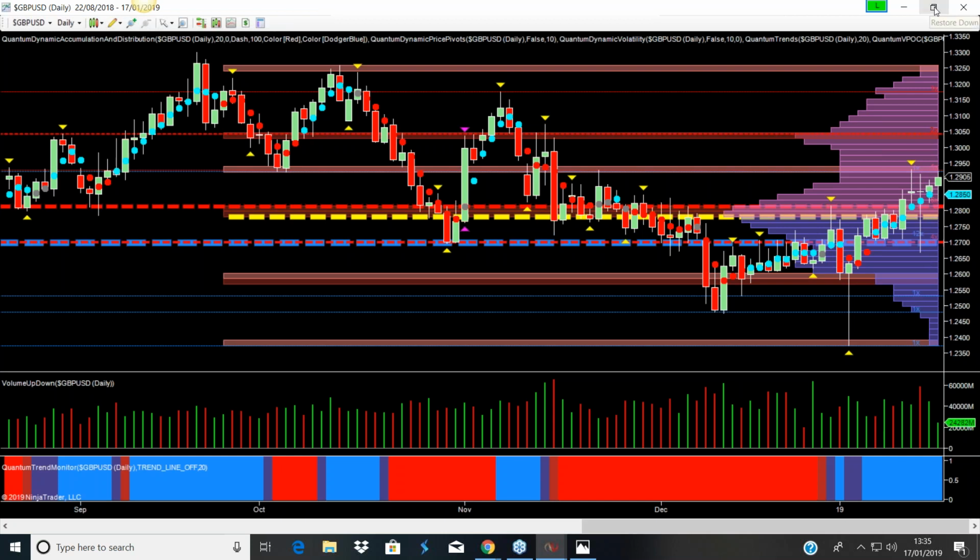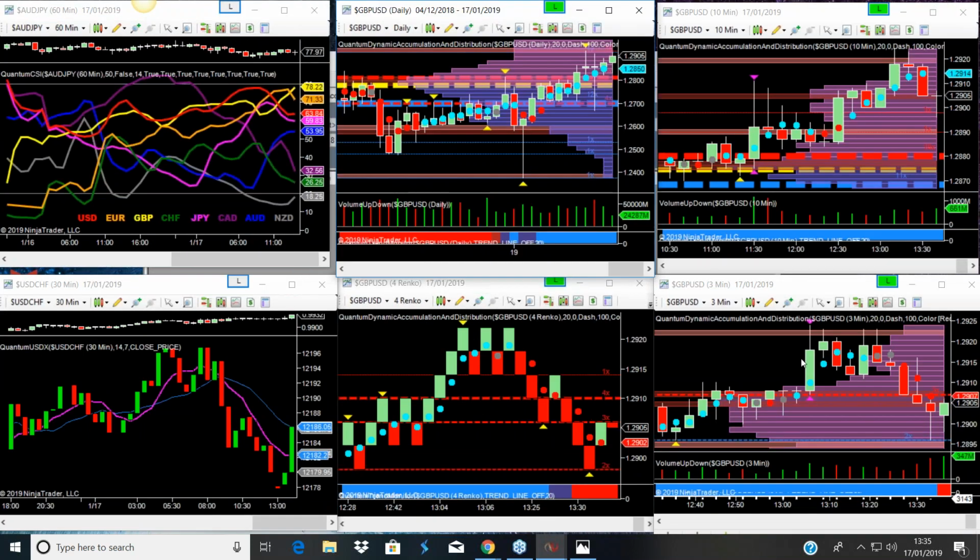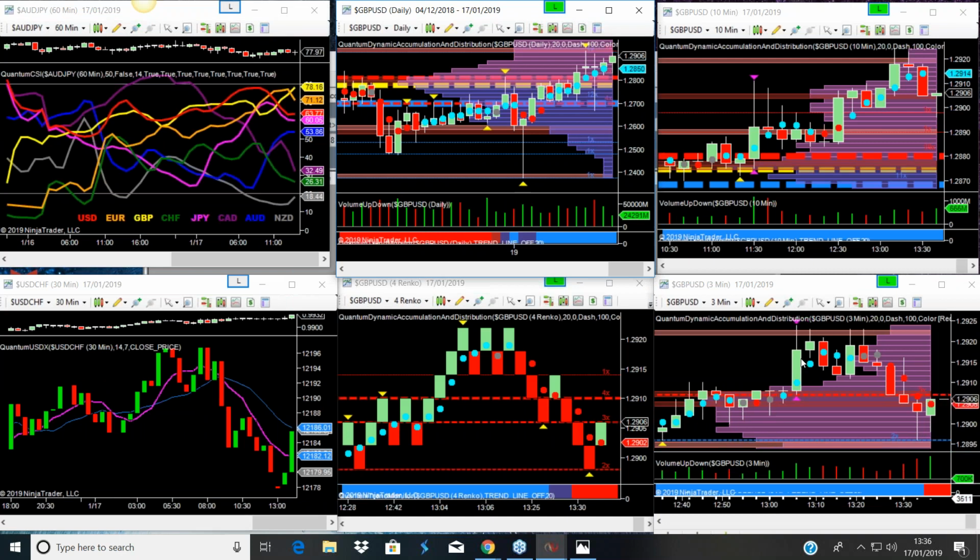And what I actually said at the end of the post was, be aware of the news, be aware of what's going on, but you really need to, with the help of VPA, and if you have the quantum tools as well, trade what you see on the chart. Don't have a preconceived opinion that if it's going to go this way, then X is going to happen, and if it's going to go that way, Y is going to happen.